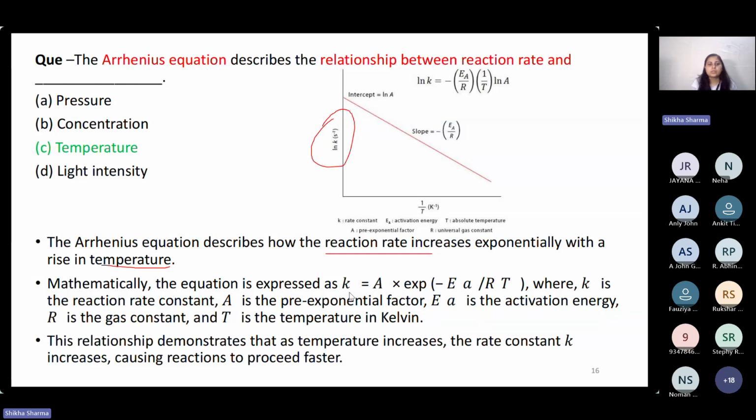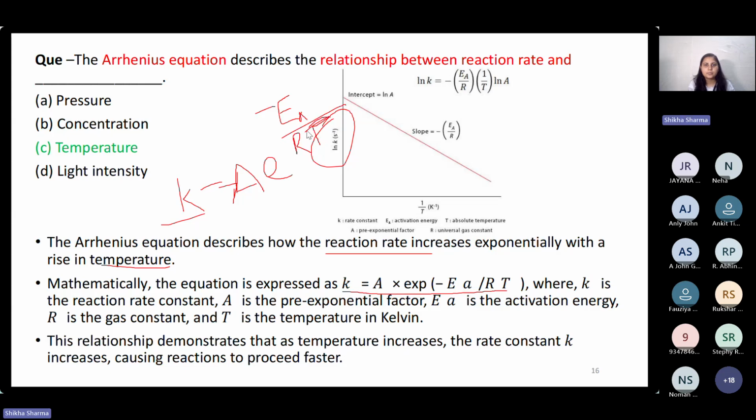So mathematically, we write the equation: k equals A times exponential of minus Ea by RT, where k is the rate constant, A is the pre-exponential factor (the Arrhenius constant), Ea is the activation energy, R is the gas constant, and T is the temperature.